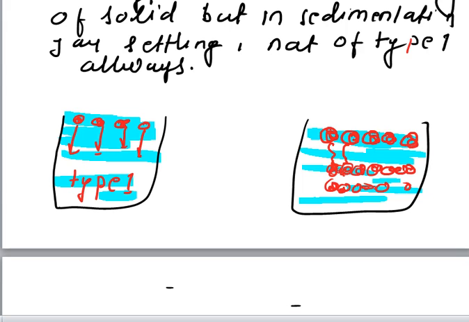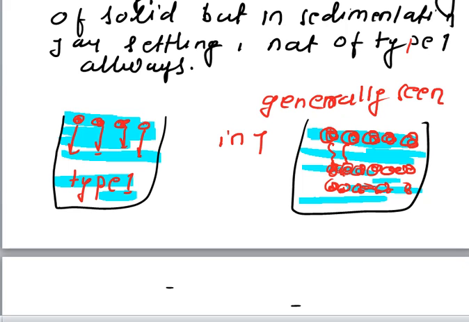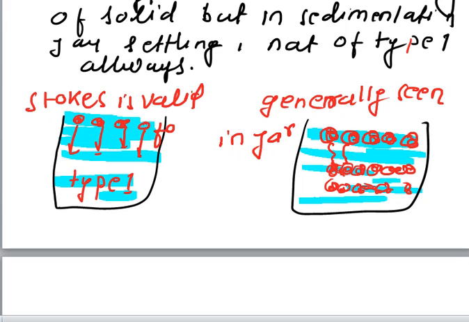This type of settling is generally seen in a jar, but Stokes law is valid only for type 1, hence this is a limitation for Stokes law.